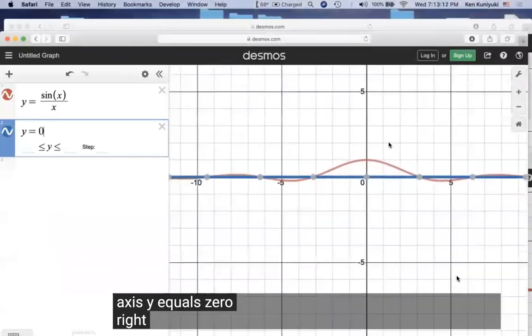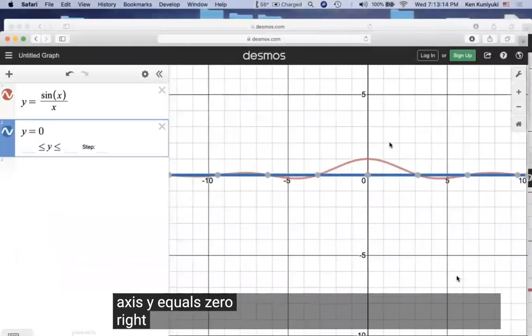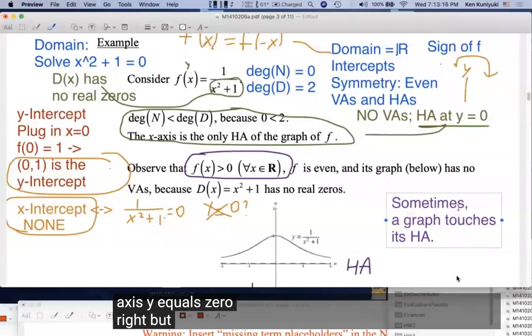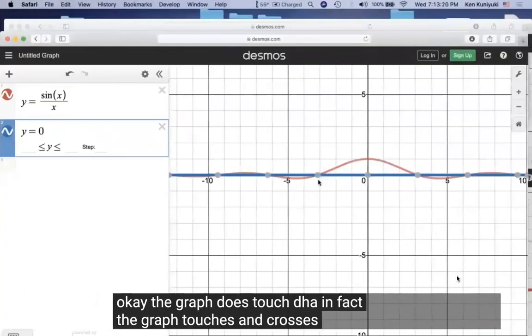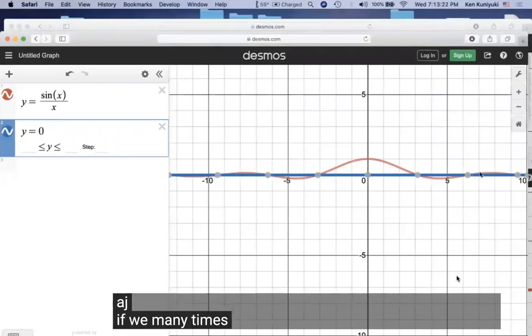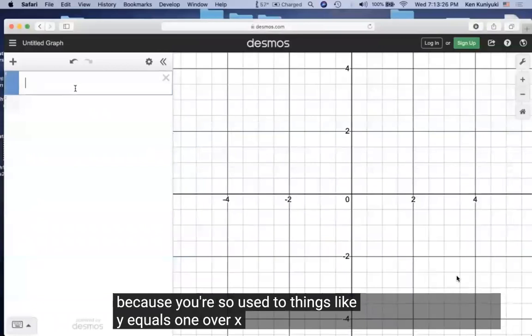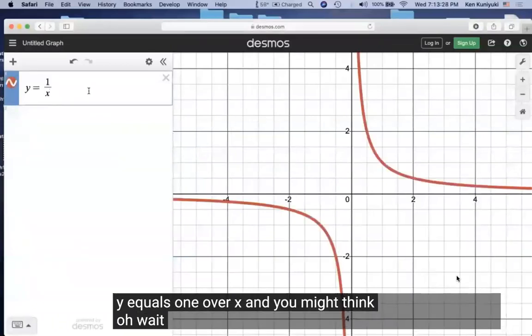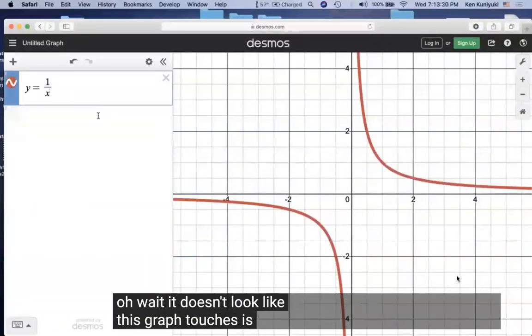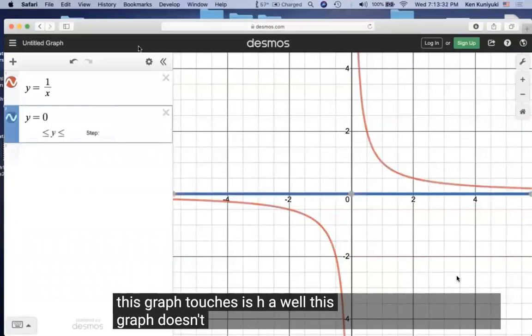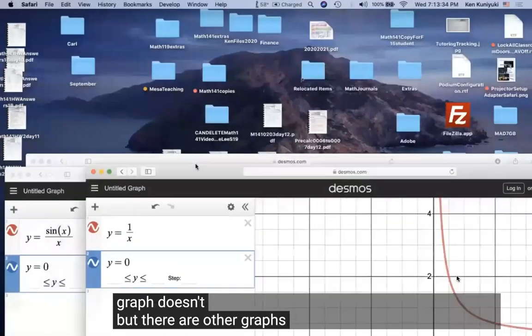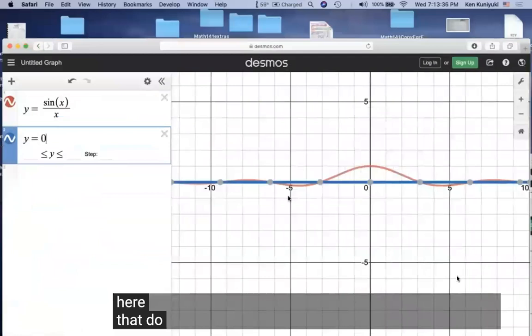But the graph does touch the HA. In fact, it touches and crosses over the HA infinitely many times, which surprises you because you're so used to things like y equals 1 over x, which doesn't look like it touches its HA. Well, that graph doesn't, but there are other graphs that do. In fact, there are rational graphs that touch and cross over their own HAs. We'll see that.